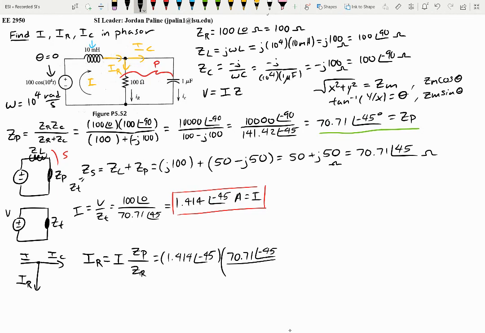And then ZR is just going to be 100 at angle 0. So we're going to do a division and then a multiplication. Let's see what we get.